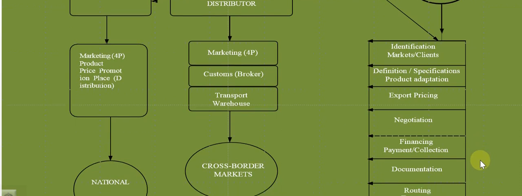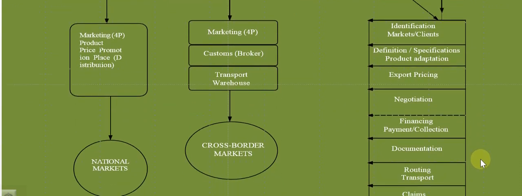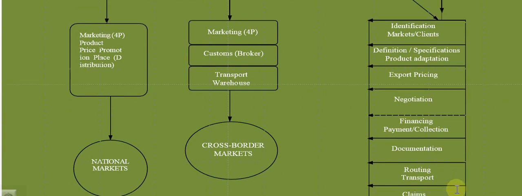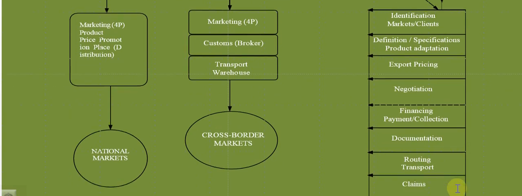This documentation should be done by the company's export department, or if the export department decides to work with a trading house as an alternative, then the trading house will be responsible for that. Anyway, this is one necessary step for international trading.